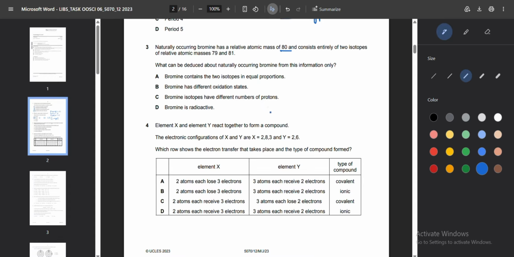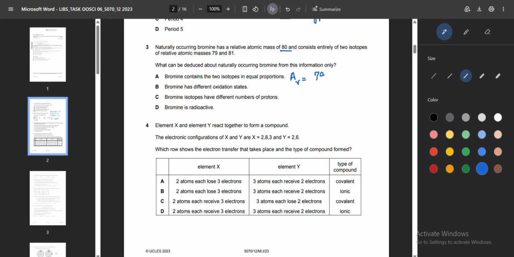And then if we calculate the relative atomic mass of bromine by using the formula, it is the atomic mass of the first isotope multiplied by its abundance. So we can just neglect the abundance, since we have just said that the abundance is the same.